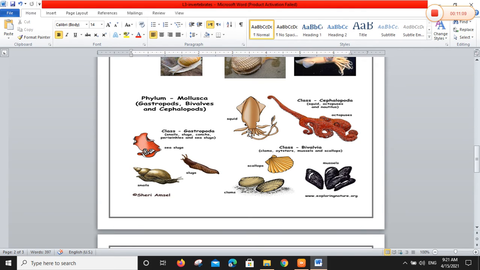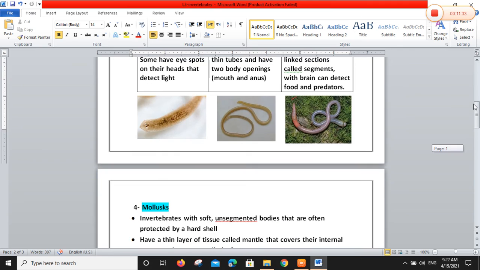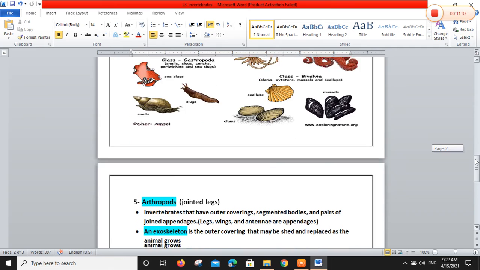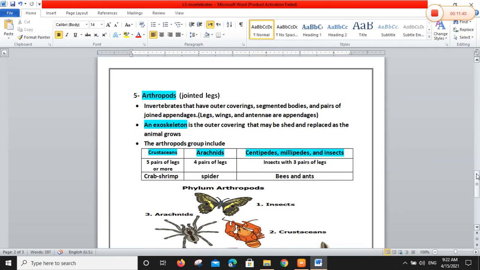Look at squid, yes, cephalopods, octopus, cephalopods, and look at bivalves: clam, mussels, and bivalves, clam. Yes, these are the phylum mollusks.